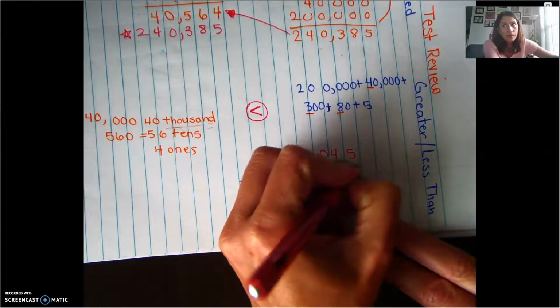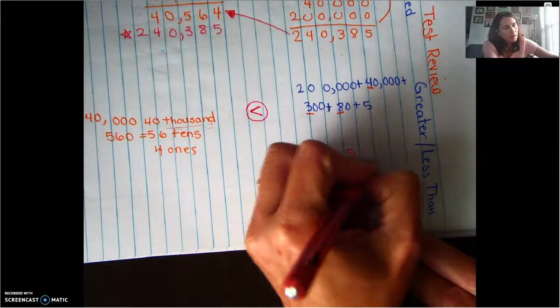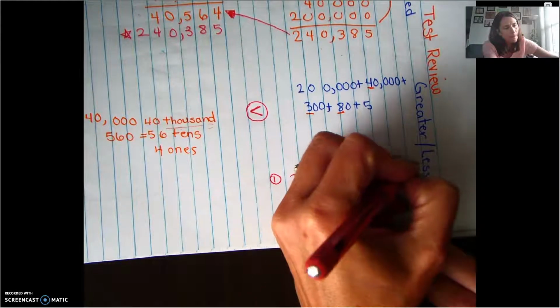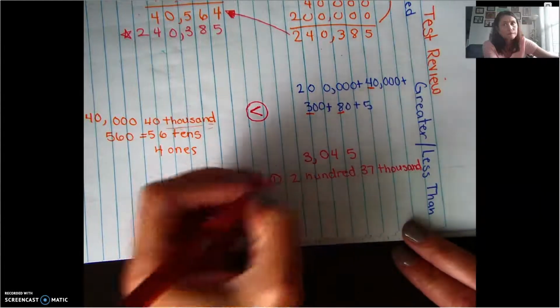So choice number 1, and you have to be able to read it. And pay careful close attention to the words, because that's where they're going to trick you.